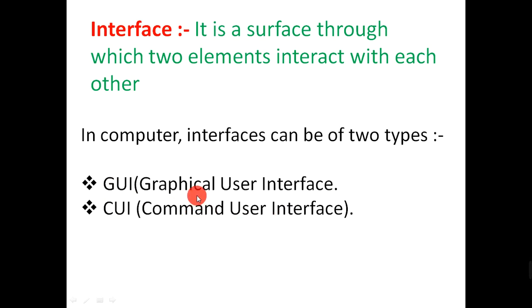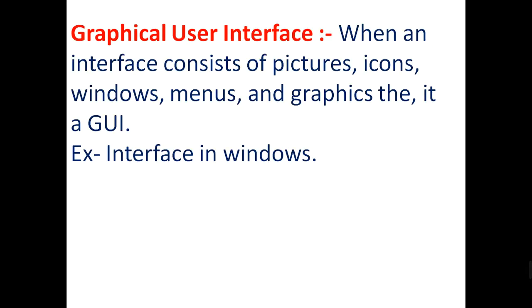Nowadays, in present time, we are using this graphical user interface. But in older computers, there was no graphical user interface. So at that time we used CUI based interface, means command user interface.